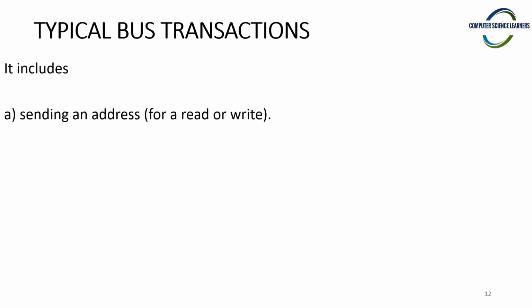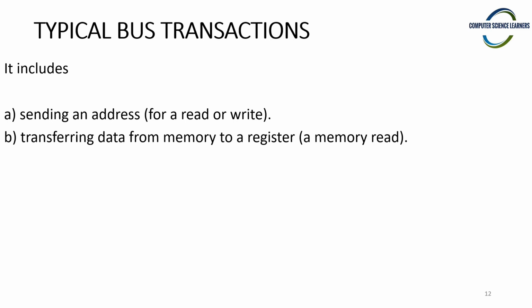Now, what are the typical bus transactions? In the previous slide we gave some examples. We may send the address to the memory for performing a read or write operation. We may transfer the data from memory to a register or vice versa, like writing data onto the memory from a register.